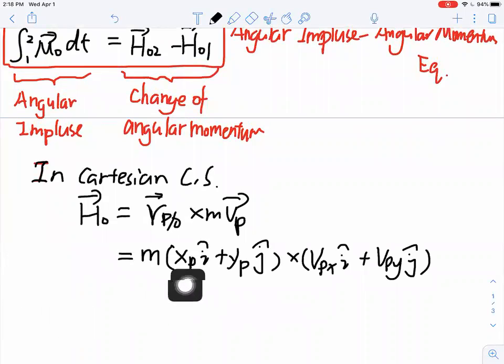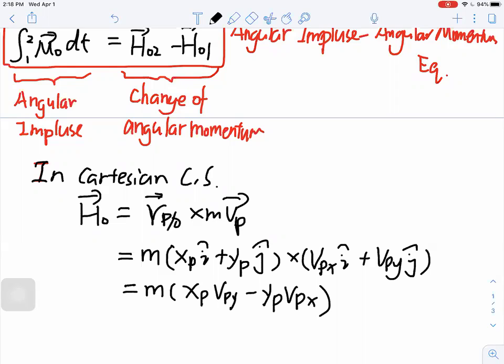And if you break this cross product and do the calculation, you end up with mass times (xp vpy minus yp vpx). That's just a regular product between distance and velocity components. And since this cross product is in the k direction, this is a vector.